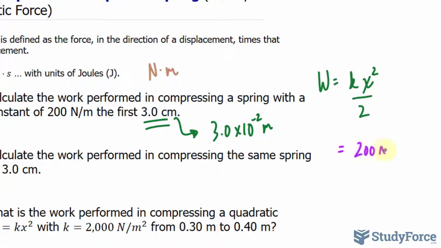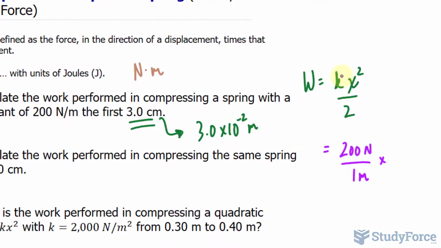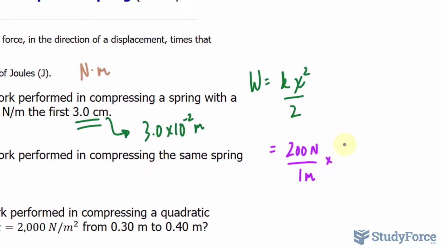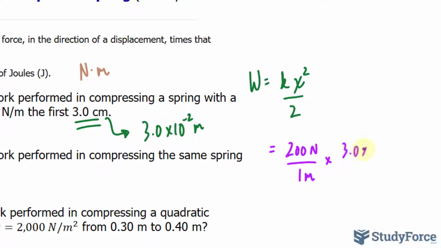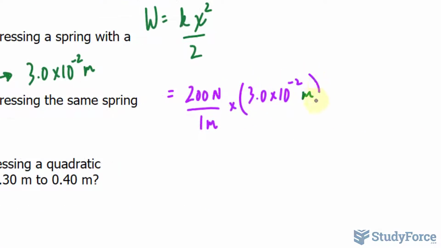So I have 200 newtons per 1 meter. Multiply that by x, which represents the displacement, and in this case it's 3.0 times 10 to the power of negative 2, and the units here are meters. Raise that to the power of 2 over 2.